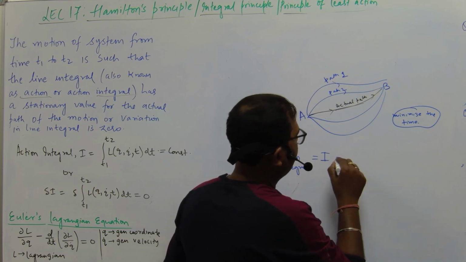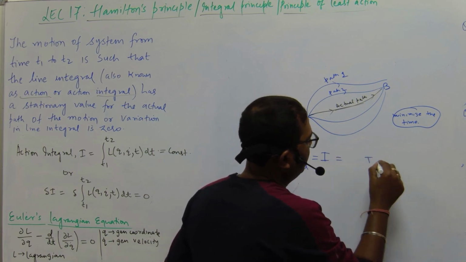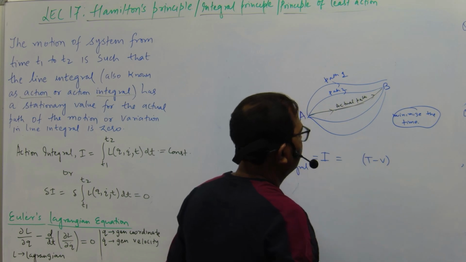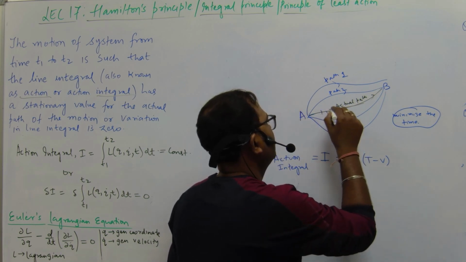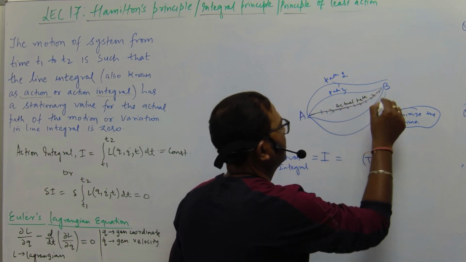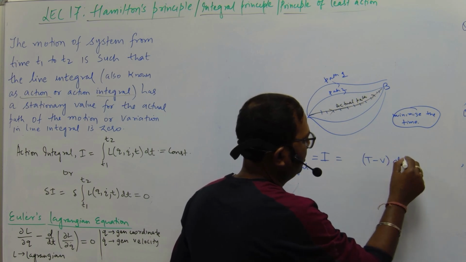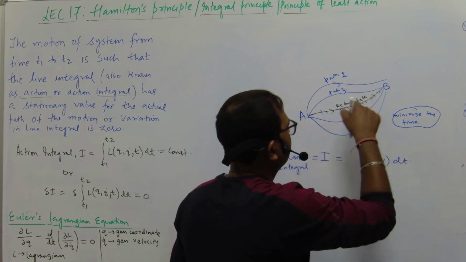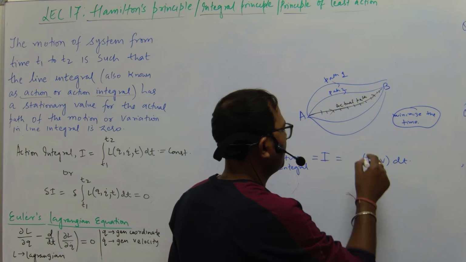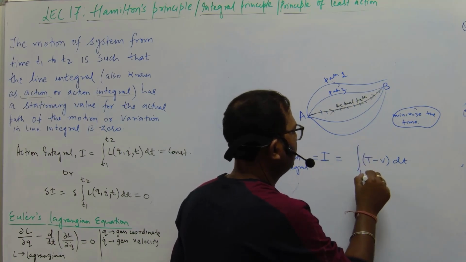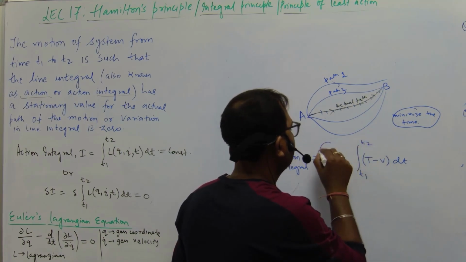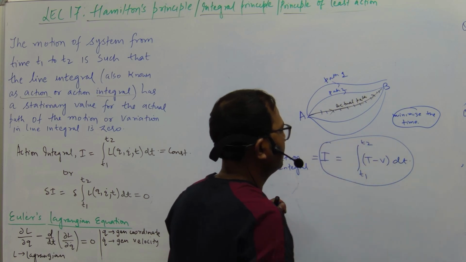It is found when the difference of kinetic energy and potential energy is summed over the entire actual path from time t1 to t2. This is basically our action or action integral.